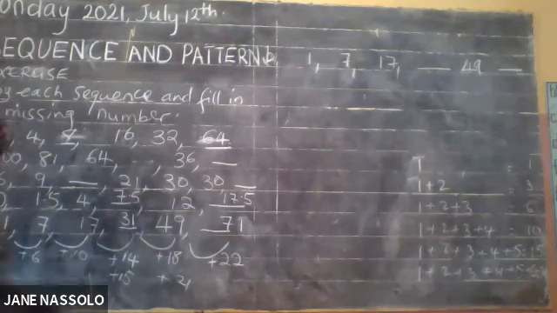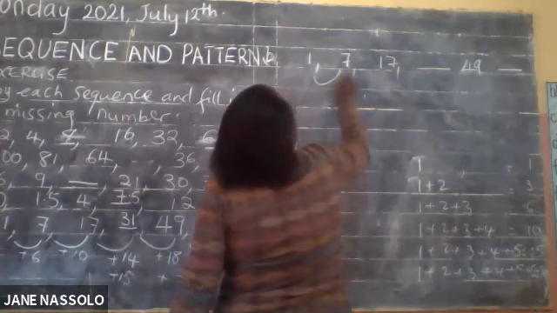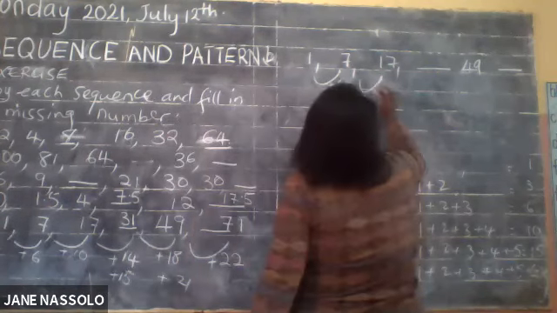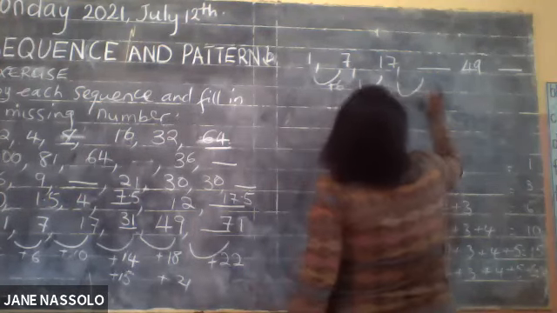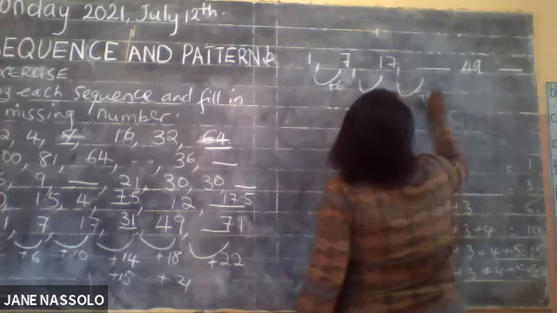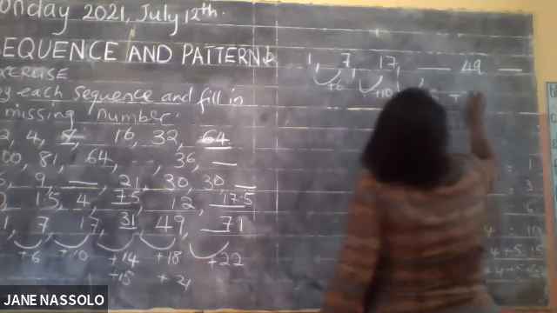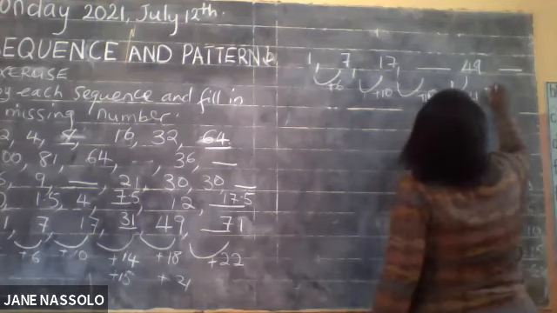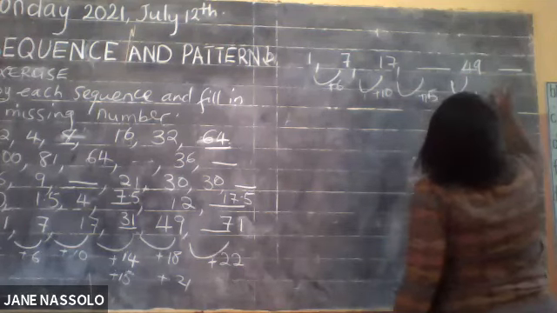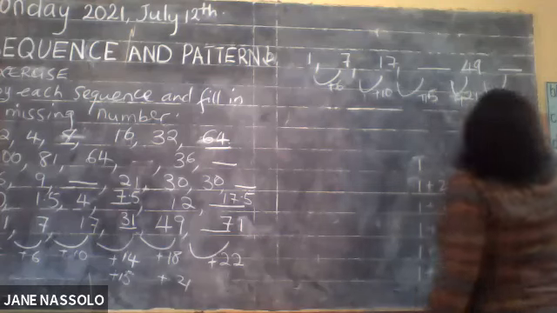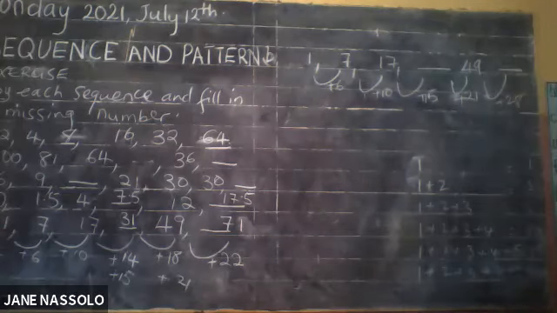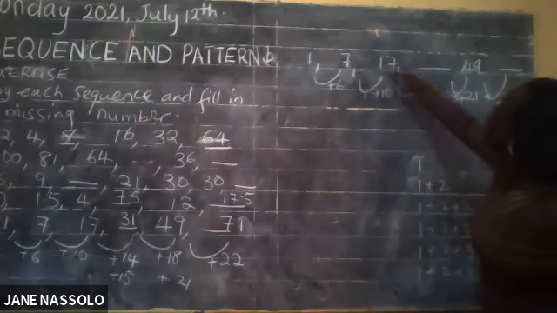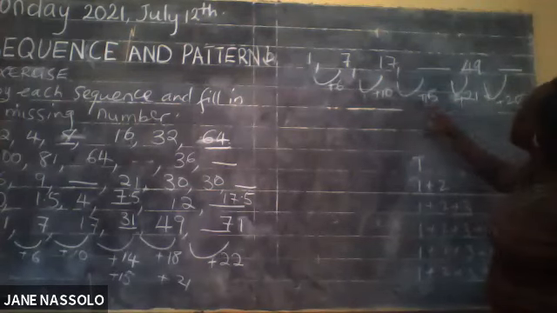We have plus 6, plus 10, plus 15, plus 21, plus 28. Supposing that is correct. So here we have 17. And then from here we add 15.